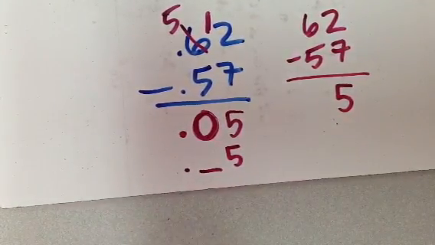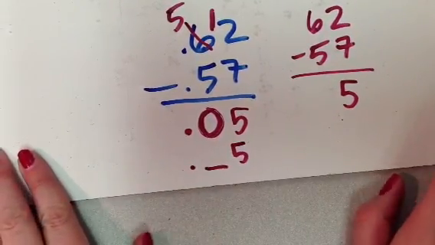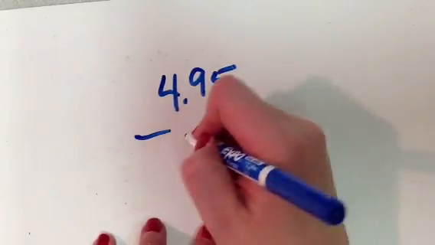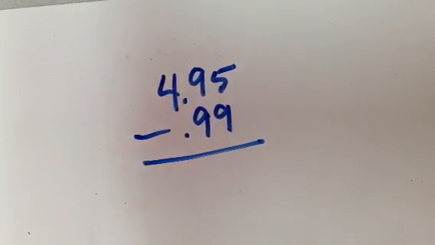Okay, let's look at another example here. Right? 4 and 95 hundredths, and I'm subtracting 99 hundredths.